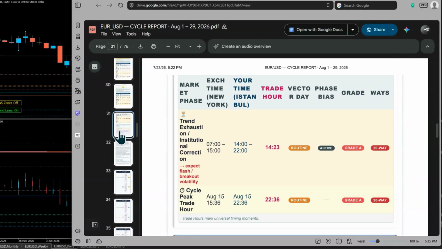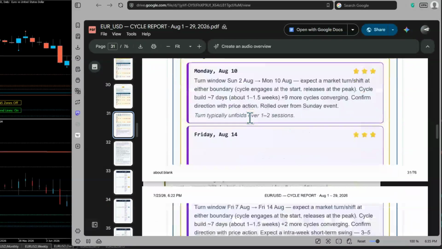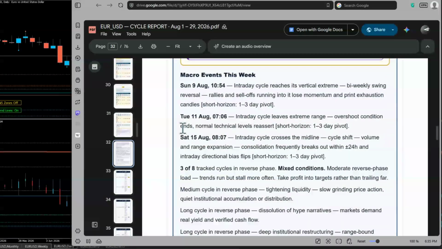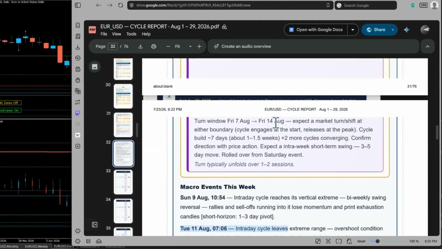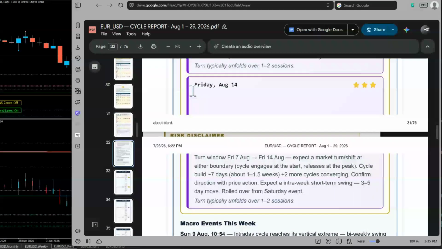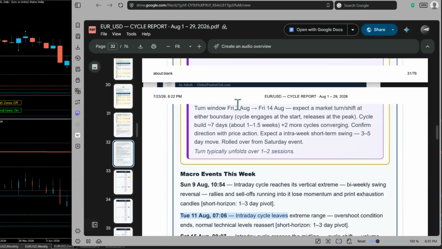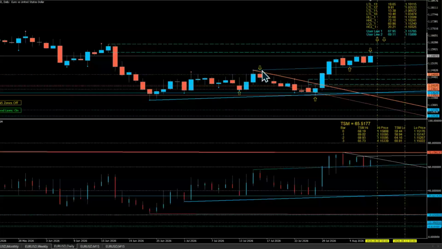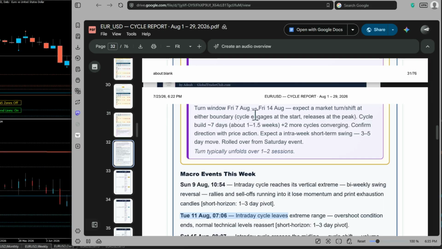All right, and on Tuesday it gives me additional information here. If I find a high place on Monday, I'm hoping to go with it into Friday, and I got here turn window Friday 7th of August, and that should also give me a flow into the 14th of August.